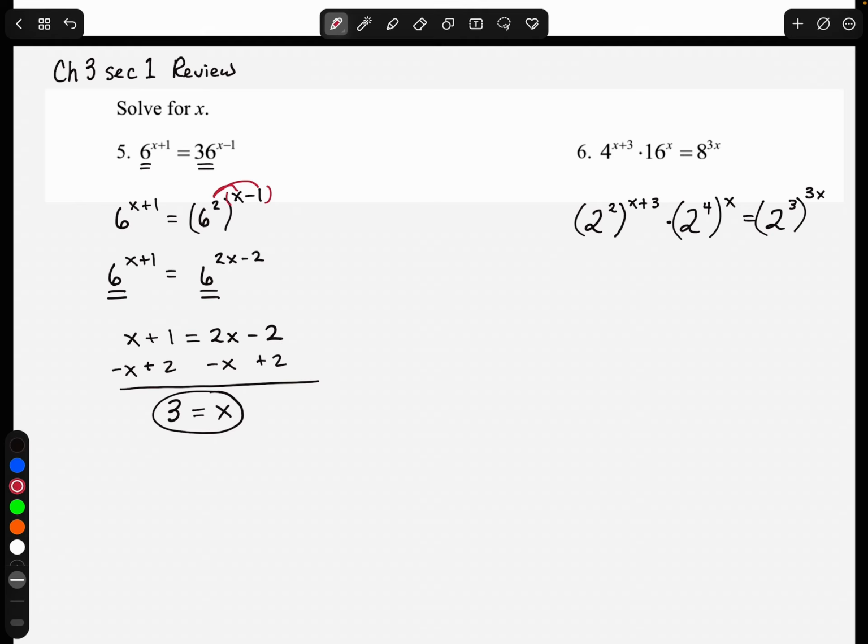And now we'll do the same thing here. We're raising a power to a power, so let's multiply. I've got 2 to the power of 2x plus 6 times 2 to the power of 4 times x would be 4x is equal to 2 to the power of 3 times 3x, which would be 9x.